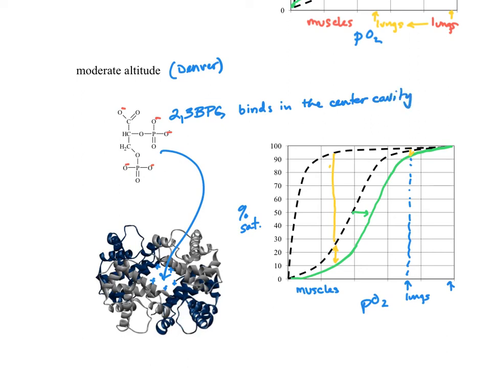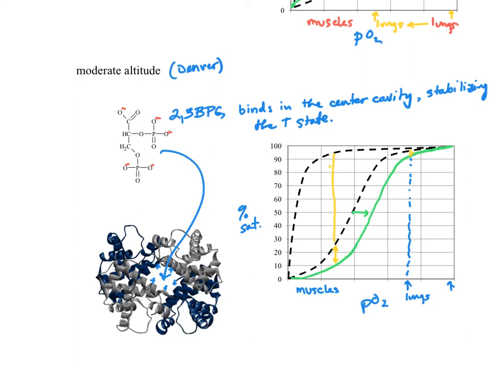And that center cavity is bigger in the T state, so that stabilizes the T state. And that helps deliver more oxygen because we've shifted to the right.